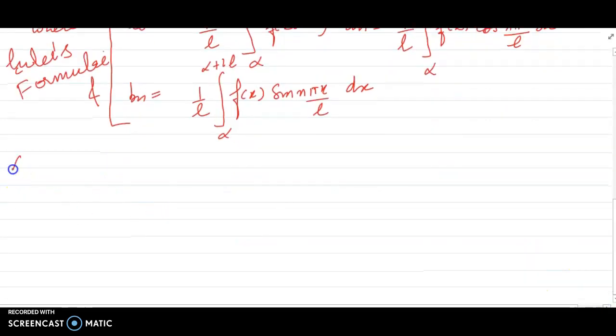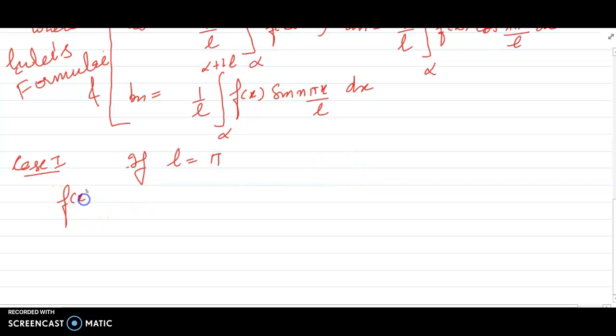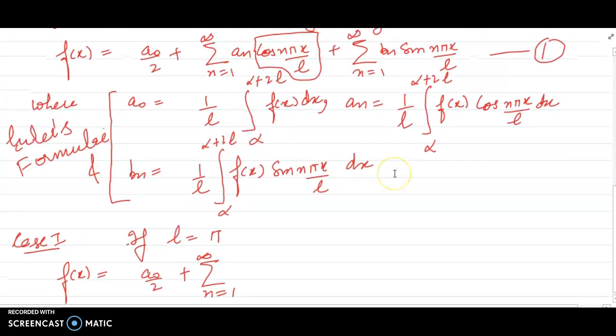Case number 1: if l is equal to pi, what will happen to the Fourier series? f of x will be a0 by 2 plus summation n varies from 1 to infinity. Look at the Fourier series in the general form.